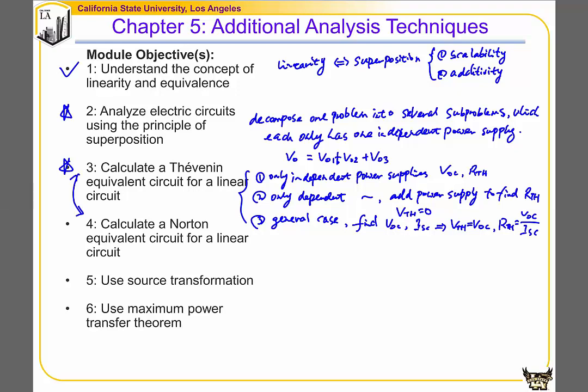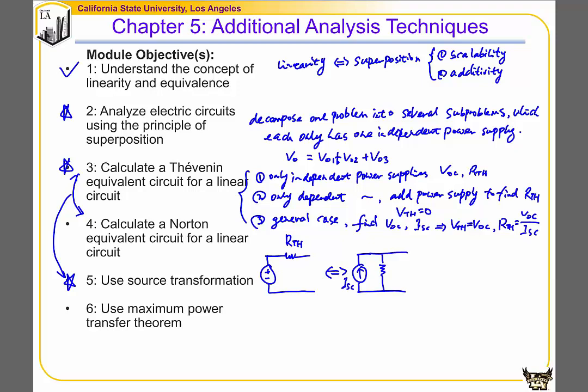So once you find a Thevenin equivalent, you can convert that to a Norton equivalent. Actually, these two together lead to another module objective, which is to use power source transformation to solve problems. The power source transformation method is derived from the equivalence between the Norton equivalent and the Thevenin equivalent. So where we have a Thevenin equivalent like this, that can be converted to a Norton equivalent with one current source ISC in parallel with a resistor.